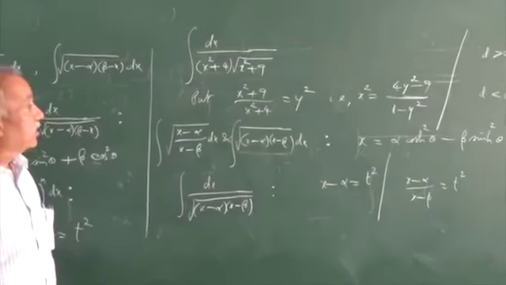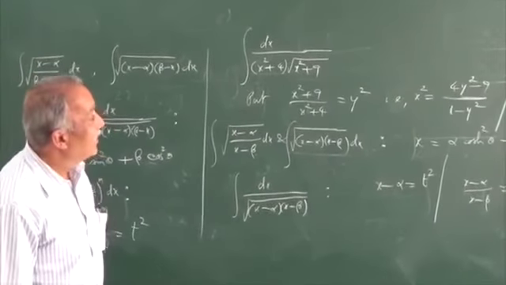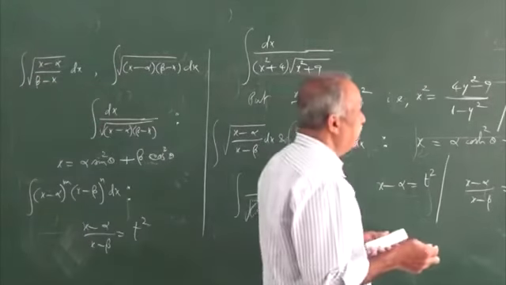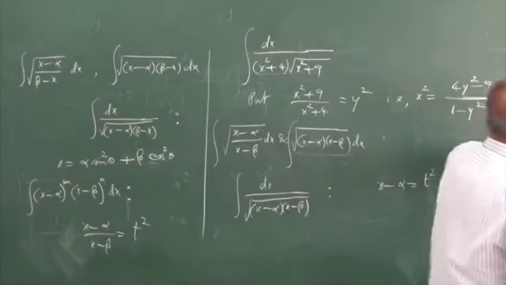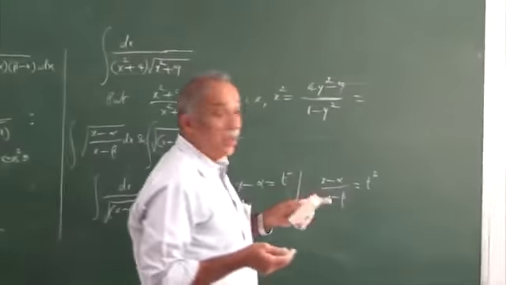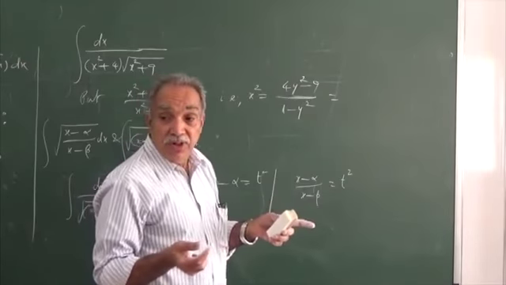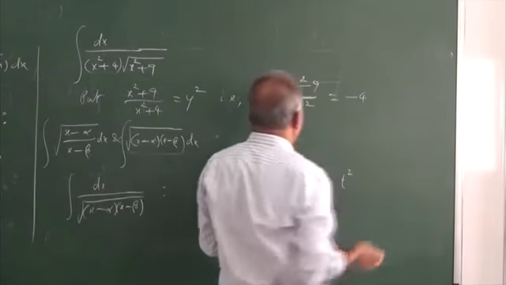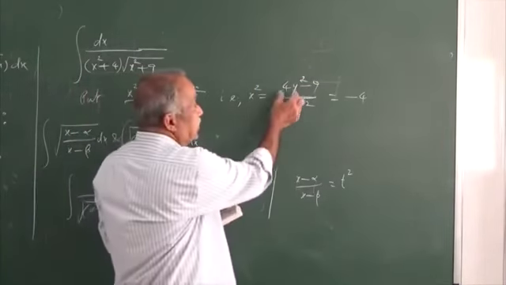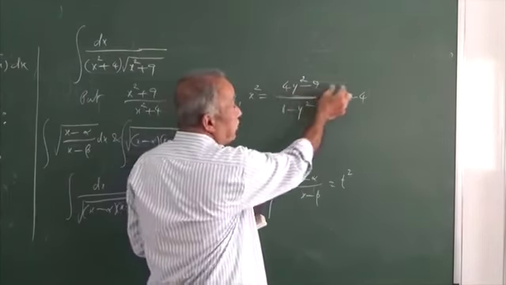Okay, what will be dx? If you want the expression to be further simplified to help you in the evaluation of dx, I may write this as minus 4 into... consider this 4y square part. 4y square minus 9, I may write it as 4y square plus 4 minus 13.